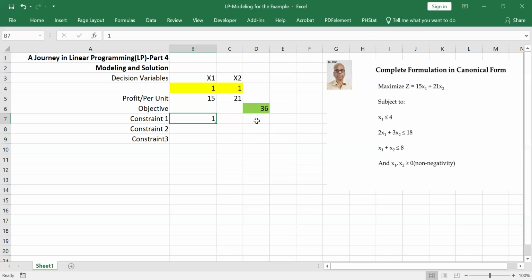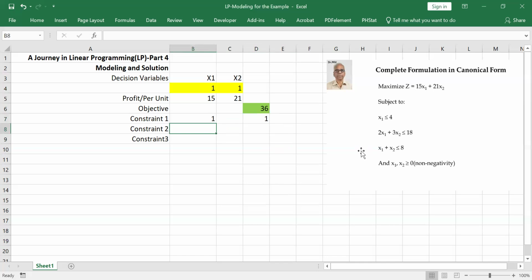And I put here a formula, is equal to this cell B7 star B4, and the value will naturally be 1. If you double click, you get the formula which we have copied.